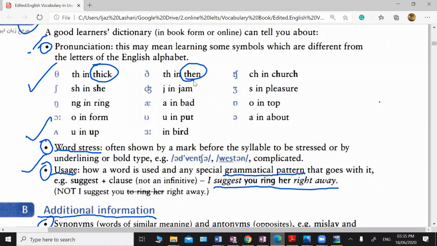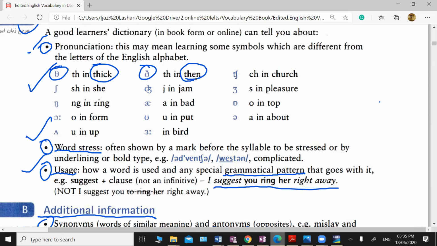Same TH, two letters, but the pronunciation is different, and the symbol is also different. Thin and then. Thick, throw, thin, and this is then, or they, or those. So you must learn these symbols so that you can pronounce the words in the right way.